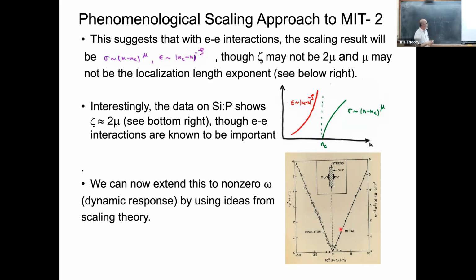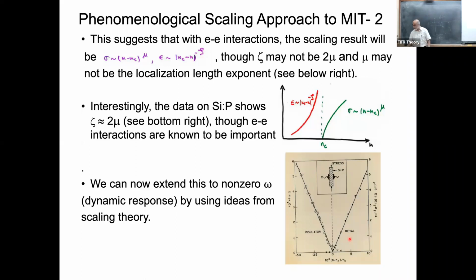Now, the fact that it is 2 mu is shown very clearly in this stress sample, because in the stress sample you can go very close to the metal insulator transition until it rounds out because of inhomogeneities in your sample.